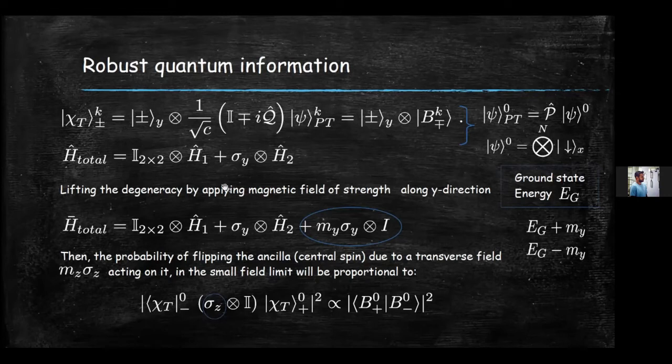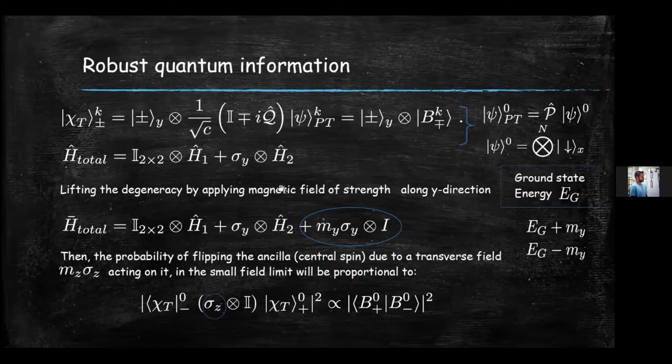So now if we do that, what we have shown here is that in the particular case of the ground state, if we choose this state to be the ground state, where psi 0 can also be defined as all spins down along the x direction.